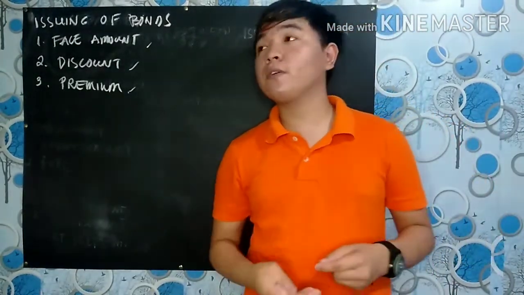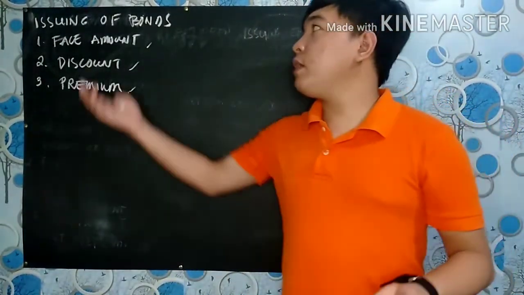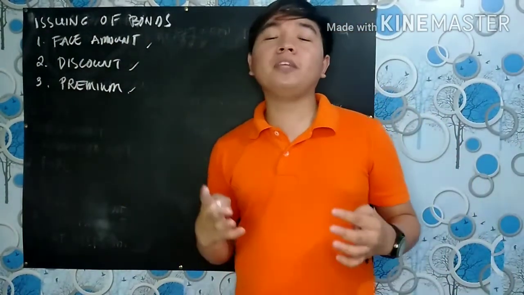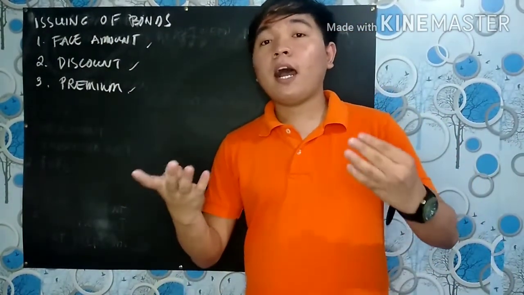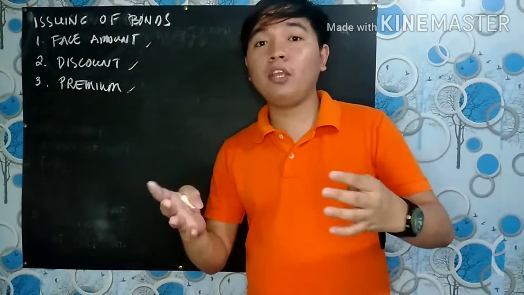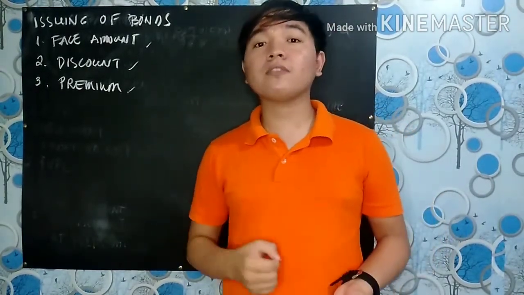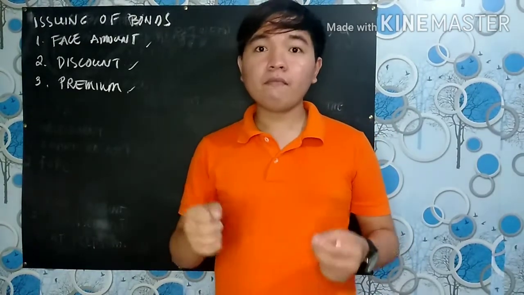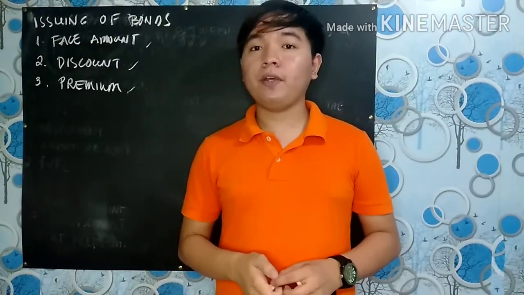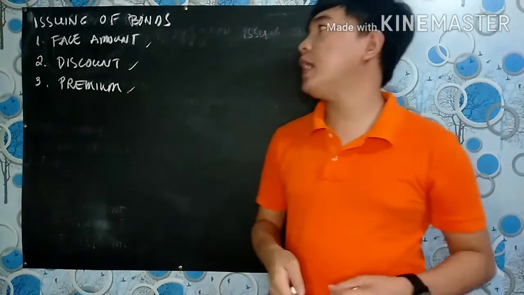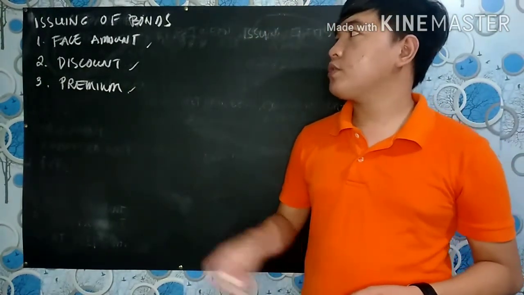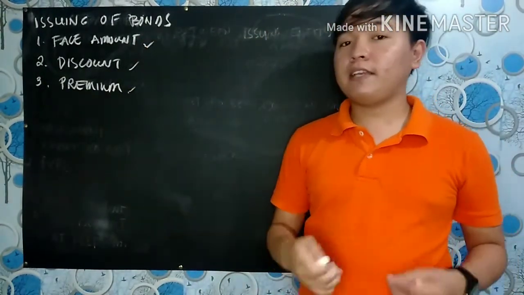So, 5 million. So, when we issue the bonds at face amount, in-issue natin siya at face amount. So, 5 million din yung na-receive natin. So, yung net proceeds natin is also 5 million. Okay po? So, ganun siya pag issue at face amount. So, madali lang kapag at face amount.